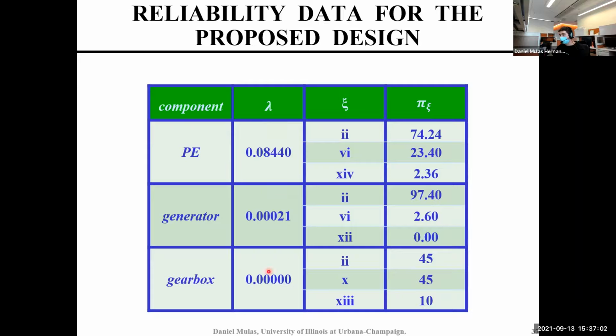And we assume that the failure rates of the gearbox are going to be 0, since in our design, we won't have a gearbox. Also, we use different probabilities of occurrence of the types of failures that could happen to the power electronics and the generator, since that also changes for our proposed design.